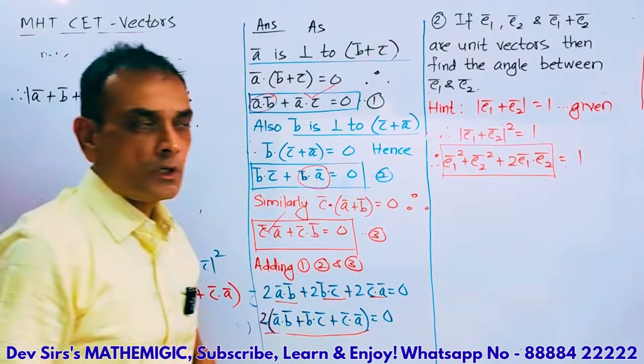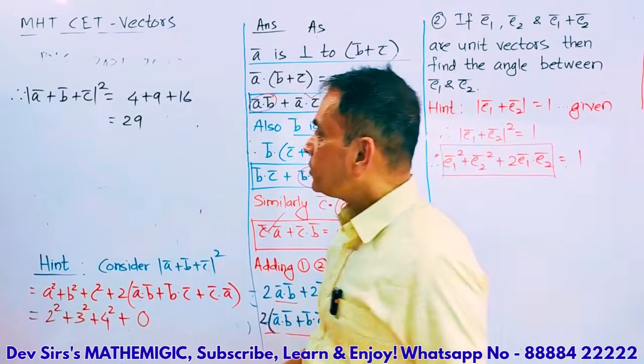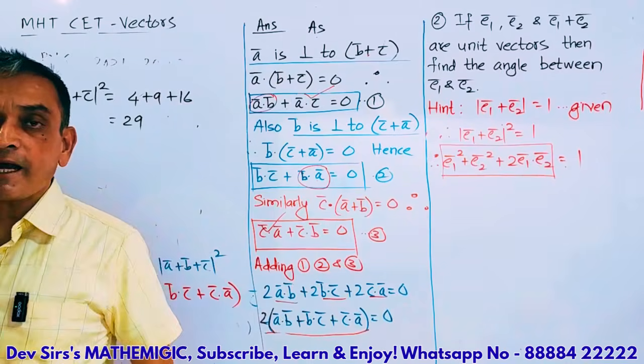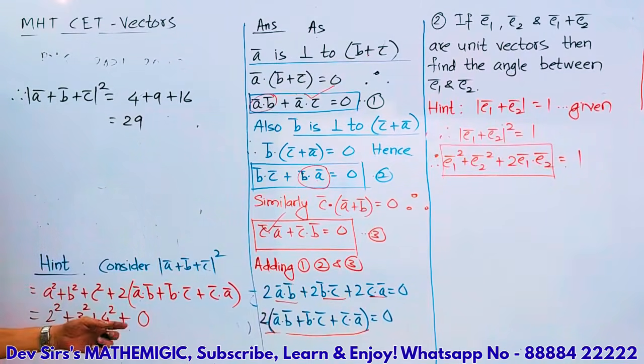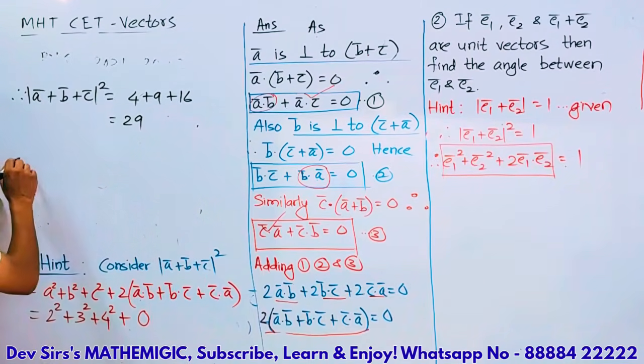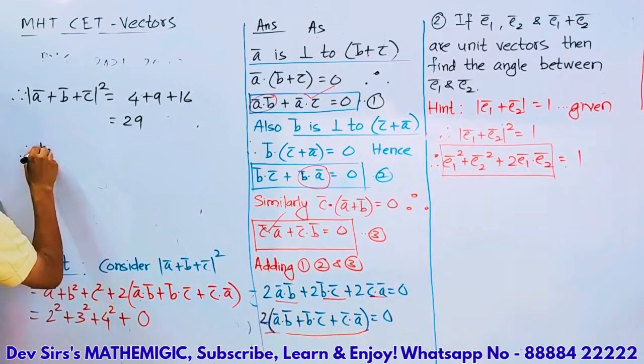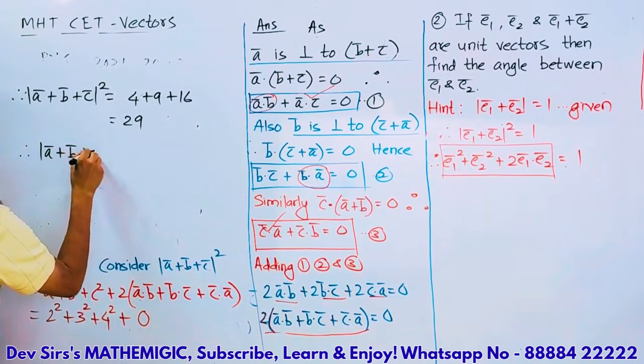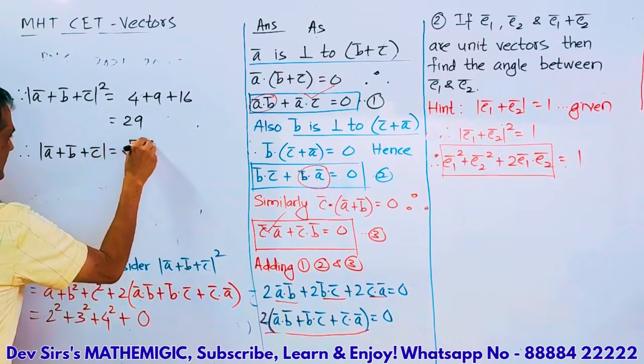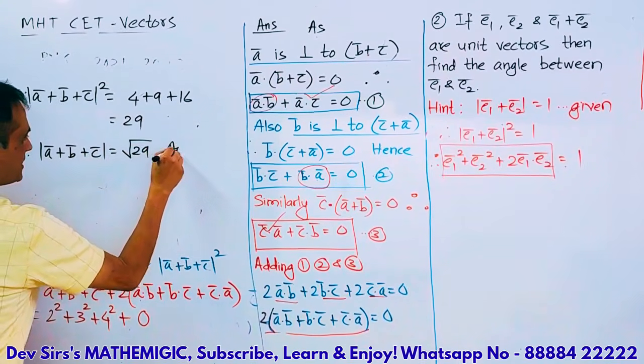So as I told you, we got magnitude of (a bar plus b bar plus c bar) bracket squared. Now just take the square root. That's it. That was the given option.